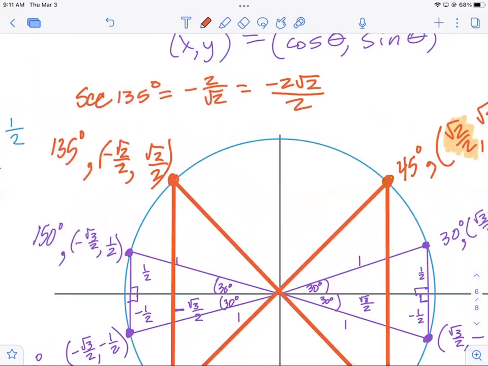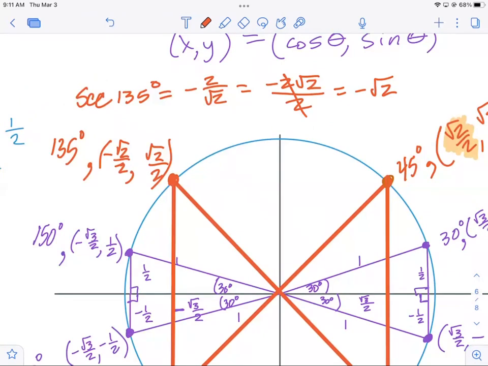And a lot of students, when they rationalize it, because you don't always get to divide out things when you rationalize, but in this case you do, and it's just negative square root of 2. So that's the answer that I'm going to require when we start quizzing over this. I'm not going to accept -2 over the square root of 2. I'm not going to accept -2 square root of 2 over 2. When I ask you what secant of 135, I want you to say negative square root of 2.